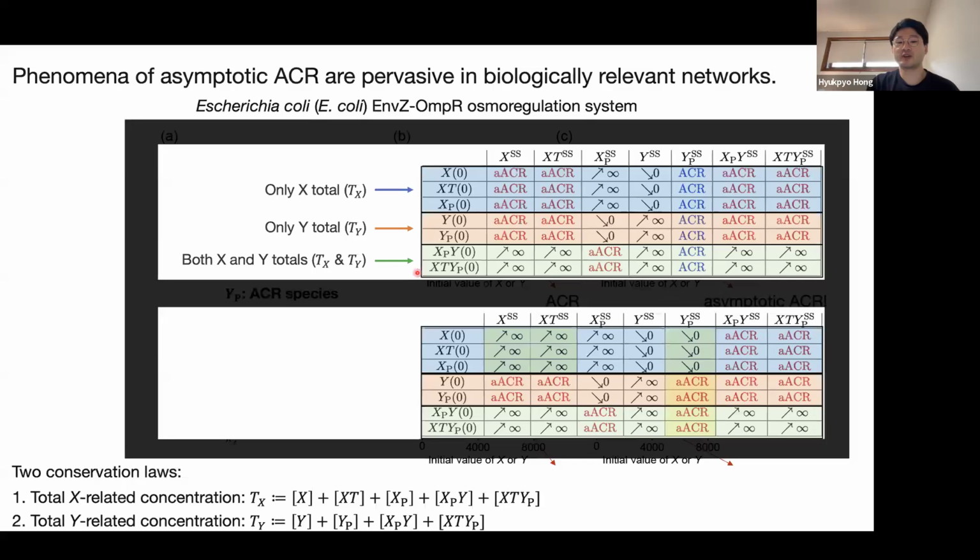So whenever we change X or XT or XP, we essentially change one thing, the total value of X-related concentration. And when we change Y or YP, their role is essentially the same. And the same goes for the third block. And that's why we have this block structure on the table of this dose response curve characteristics.